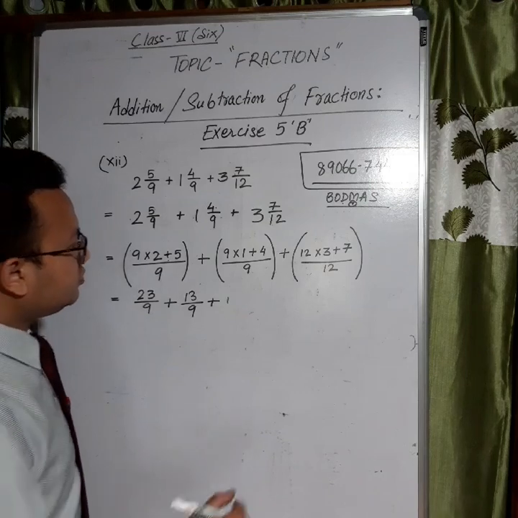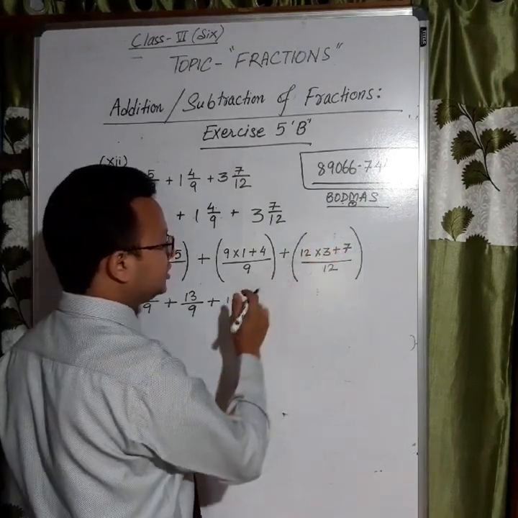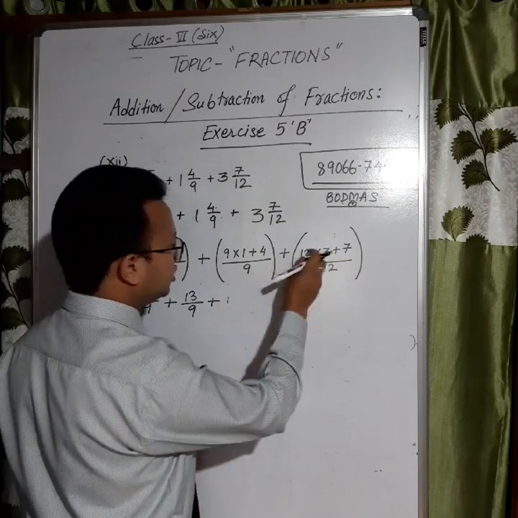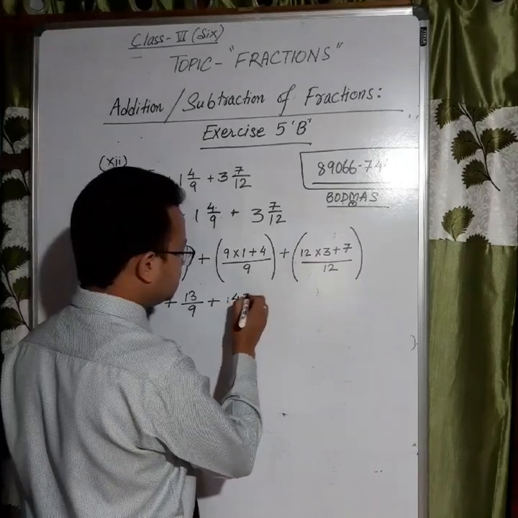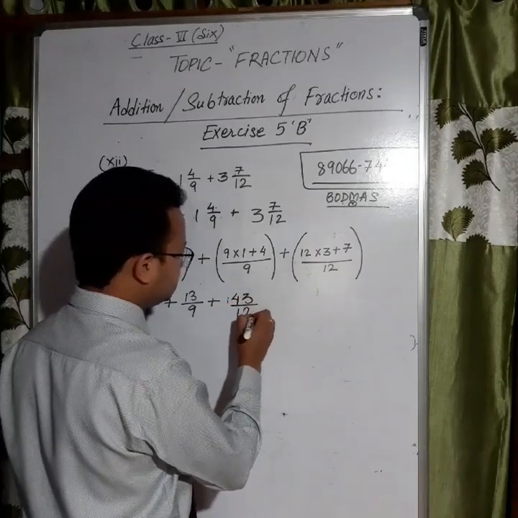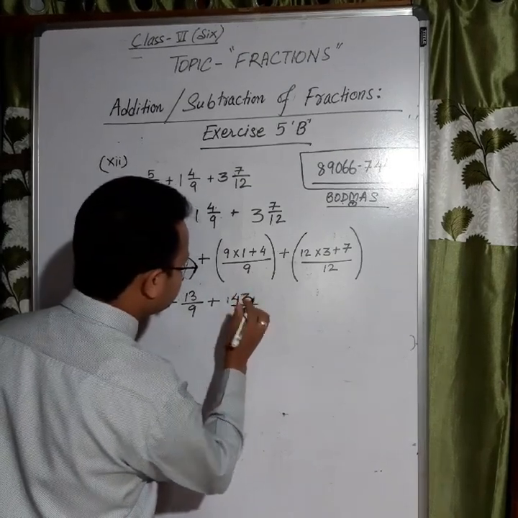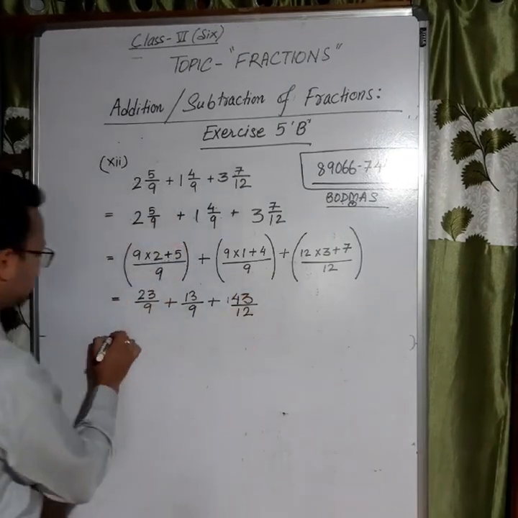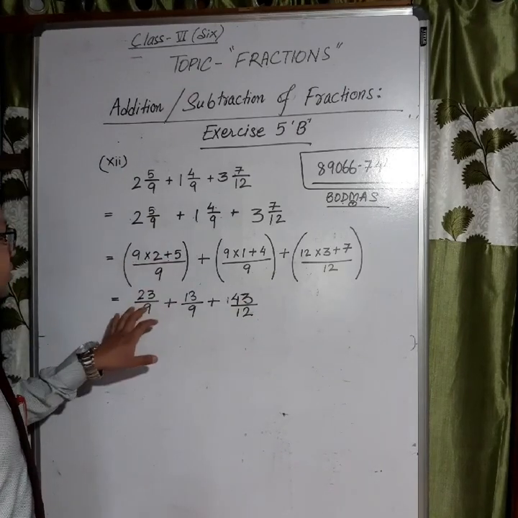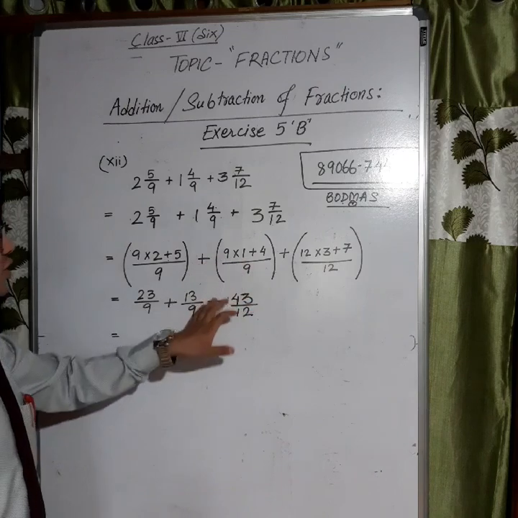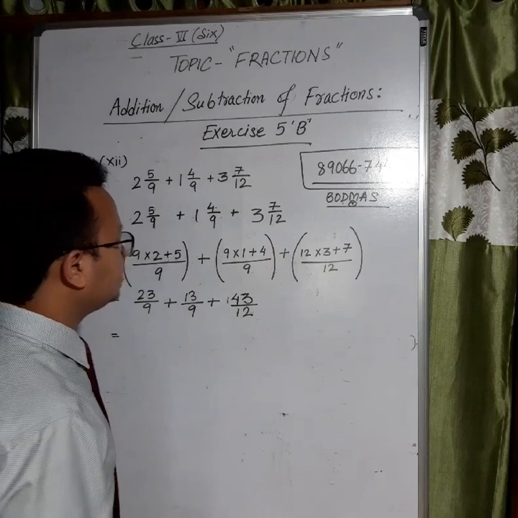And 12 3s are 36, plus 7 is 43 by 12. Let's check: 9 2s are 18 plus 5 is 23. 9 1s are 9 plus 4 is 13. 12 3s are 36 plus 7 is 43.